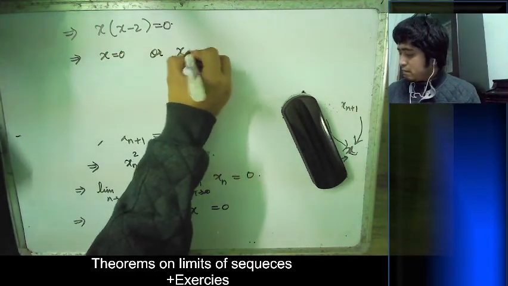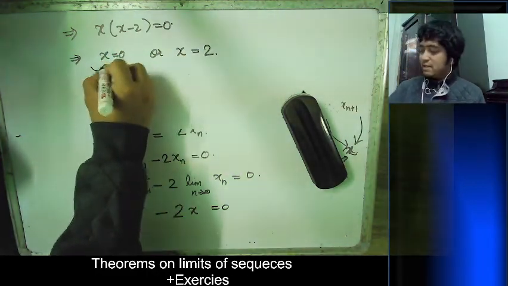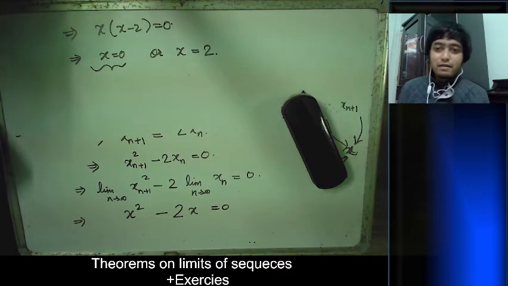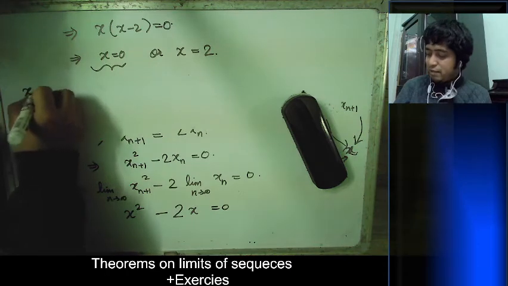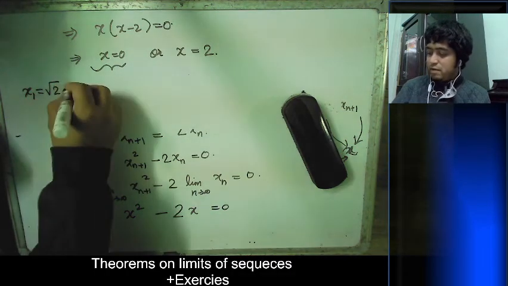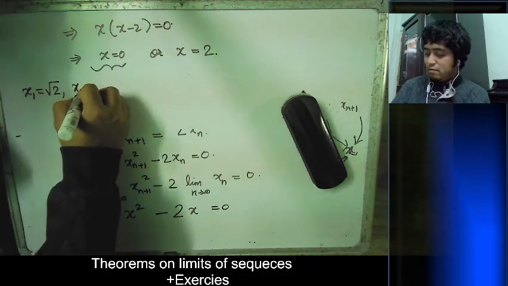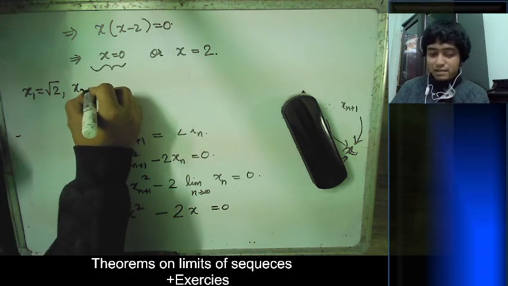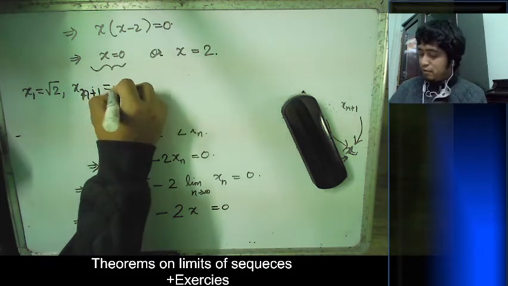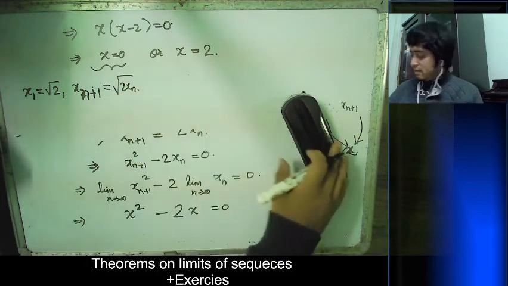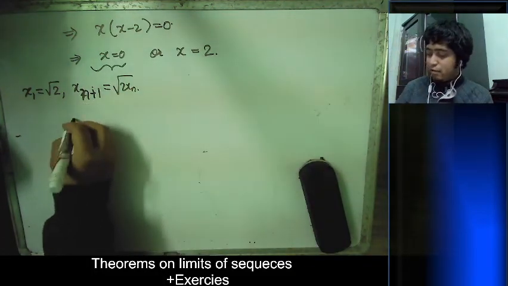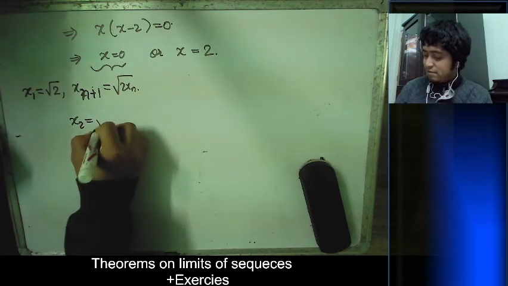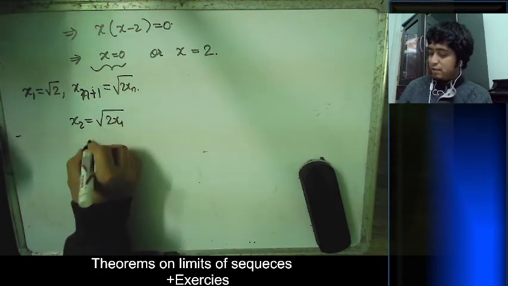But this one is impossible. It is impossible, because if you see x1, it's equal to root 2, and then we have this formula xn plus 1 equals root 2xn. Now just think, if you put n equal to 1, you will get x2 equal to 2 root x1.